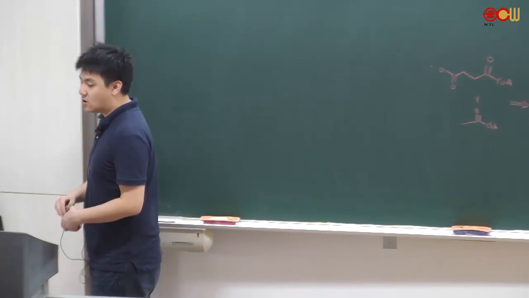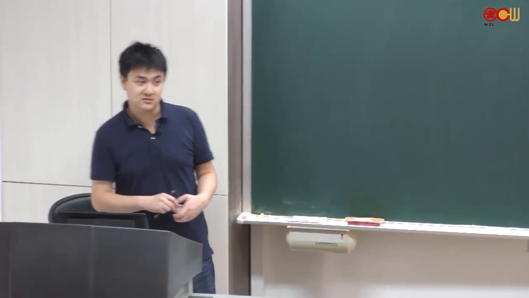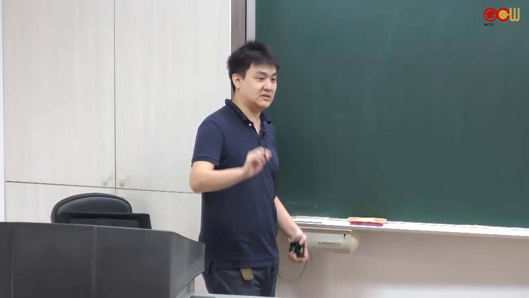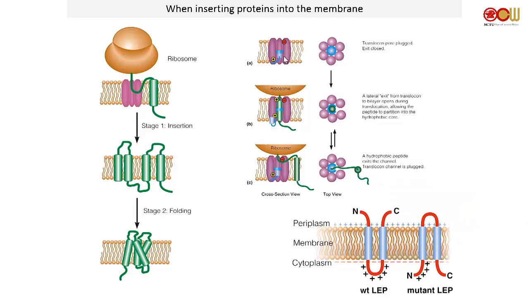So it turns out there are going to be accessory proteins that you have to use in order to get your protein into the membrane. So this is a way oversimplified scheme, but for our purpose, we don't have to get any deeper than this. If you guys are interested in this, you can look it up. So generally speaking, you have a ribosome, and the ribosome is going to make your polypeptide. Now, what happens is that you will have the ribosome on top, and you have some kind of an mRNA, and it's doing translation.